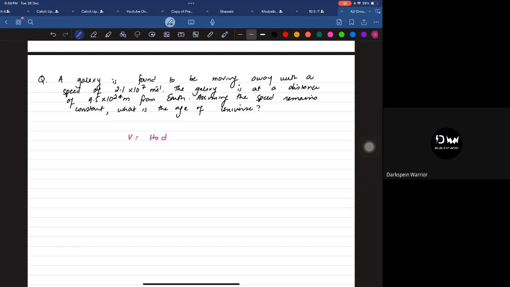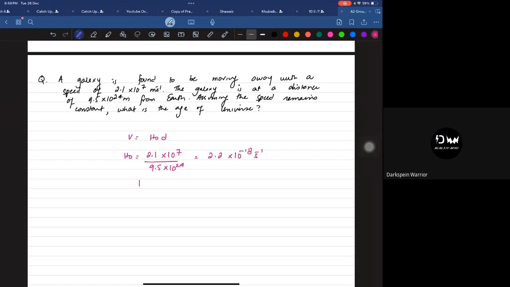You get approximately 1.43 times 10 to the power 10. So that would be 14.3 billion years, which is in line with your estimate. Yeah, it's good.